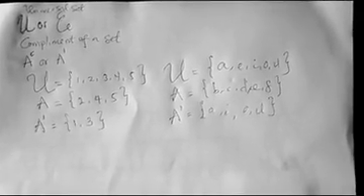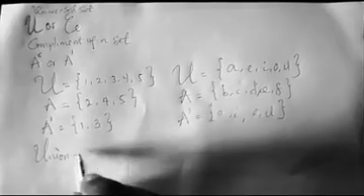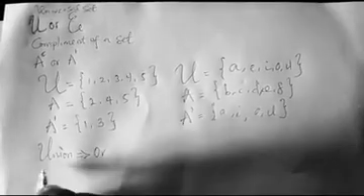Then the next thing we need to know are the popular ones, which are the union and the intersection of a set. The union of a set is denoted with the word or, and it is denoted with this.